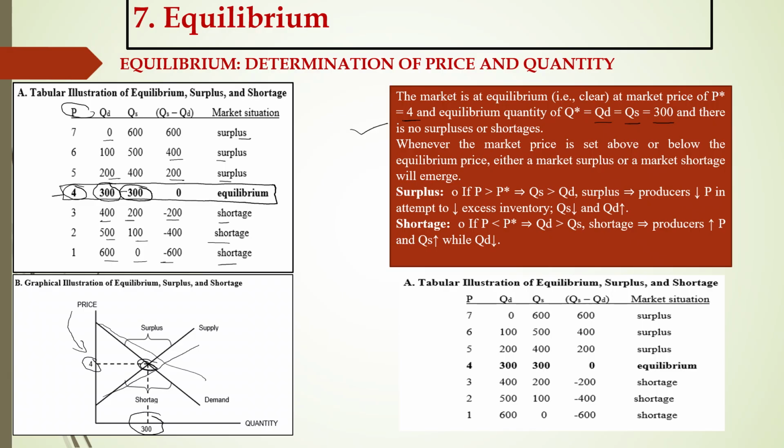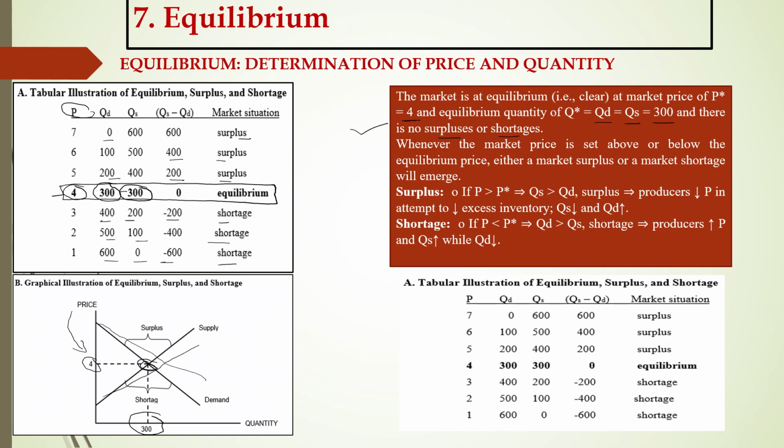When demand and supply are equal, there is no surplus and no shortage. So whenever the market price is set above or below the equilibrium price, either a market surplus or market shortage will emerge. Here the equilibrium price is 4.